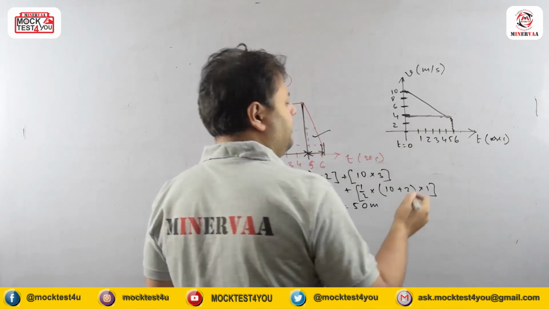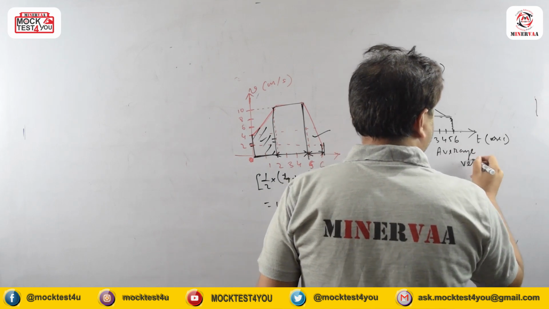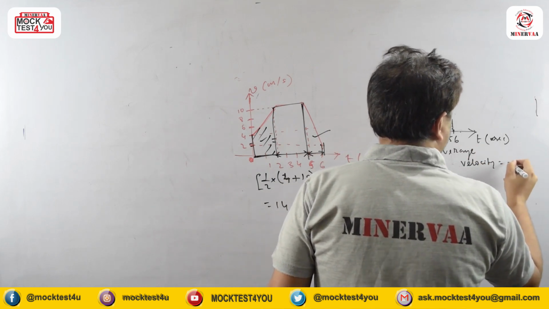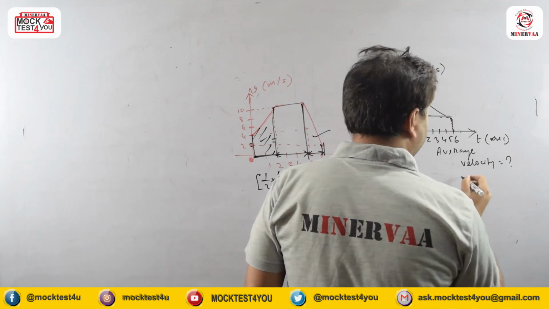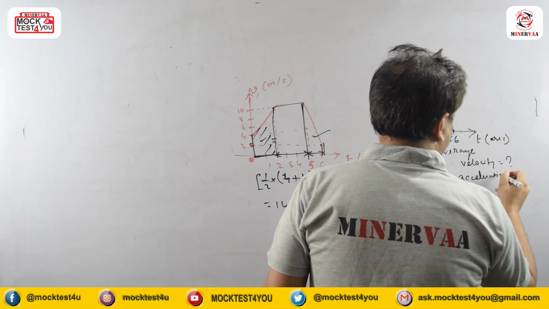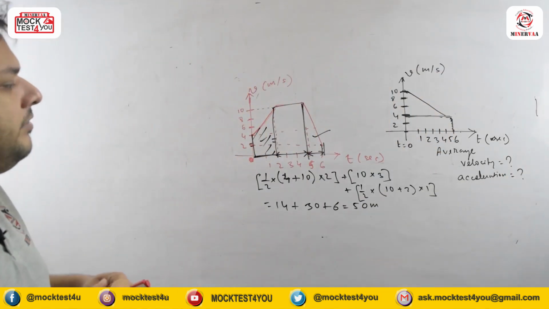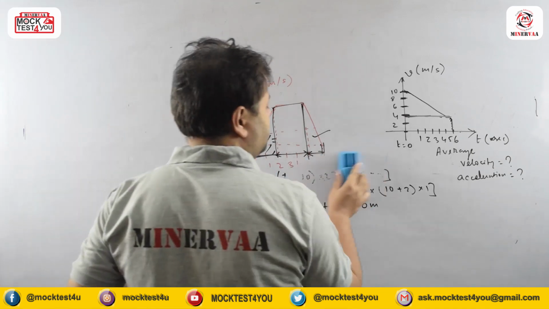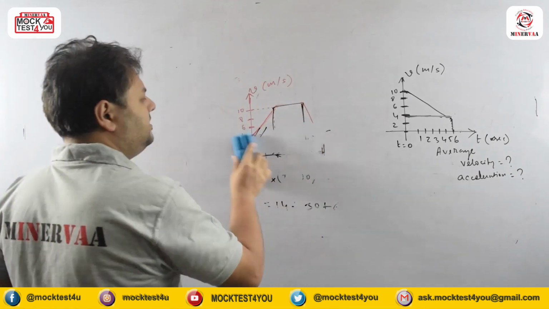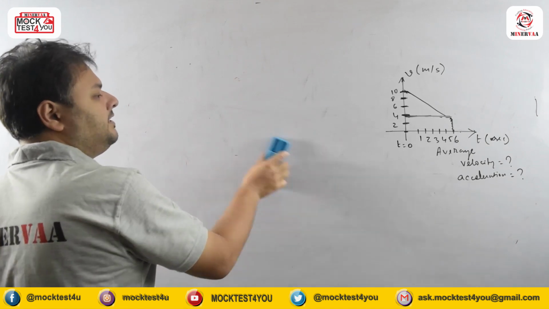So we need to have the average velocity of this motion, and we need to have the acceleration of this motion. So definitely for this particular problem, whatever we can notice from this diagram, this velocity is actually falling with time.